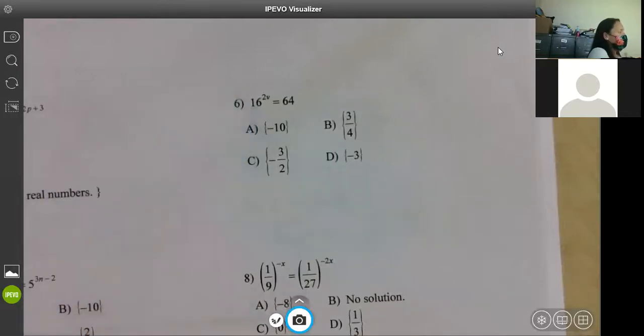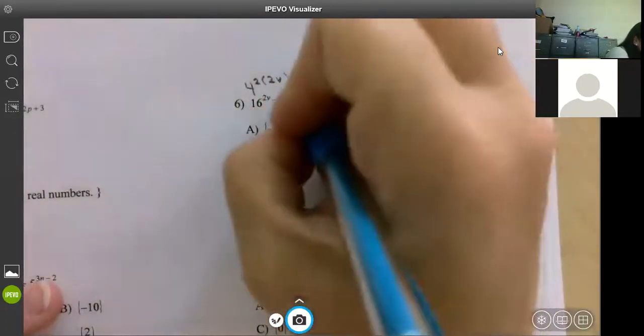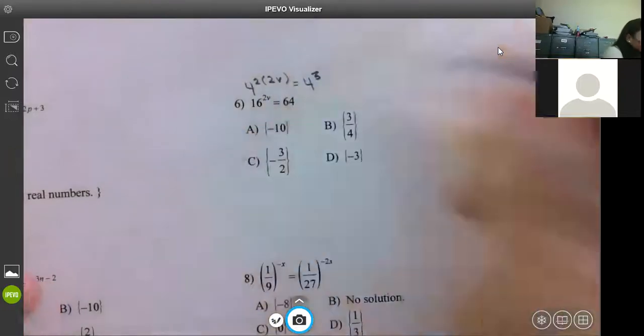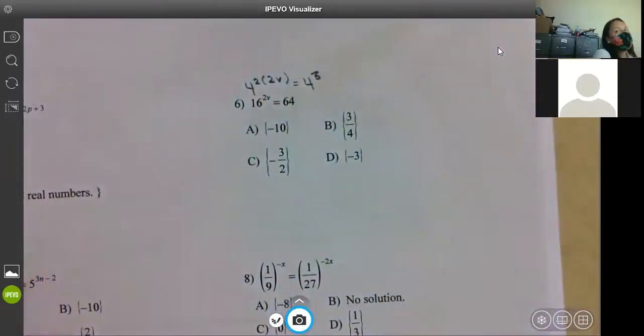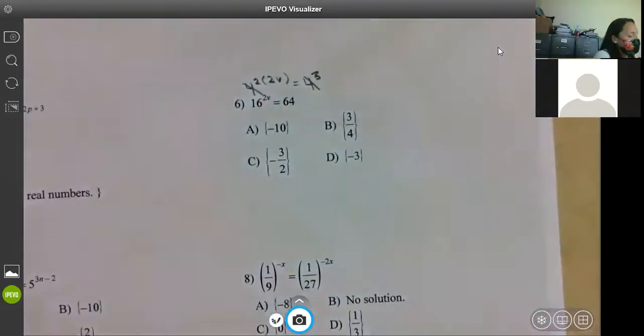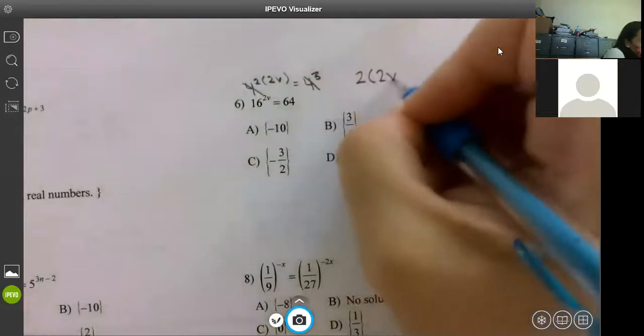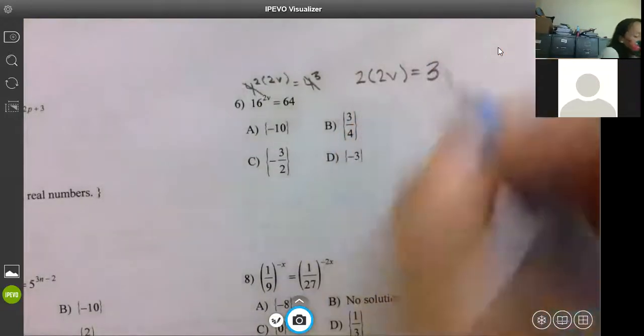What will give me 16? 4 squared. But you see how I still have that power? I have to leave that power up there. I made them the same base, so I can cancel the base out, and the problem that I'm solving is 2 times 2b equals 3.